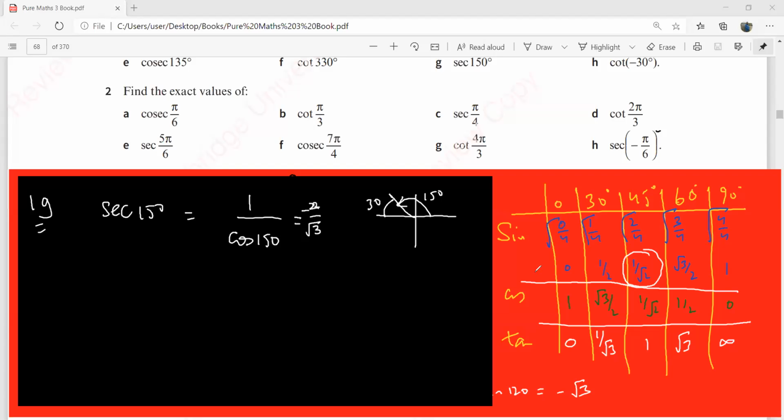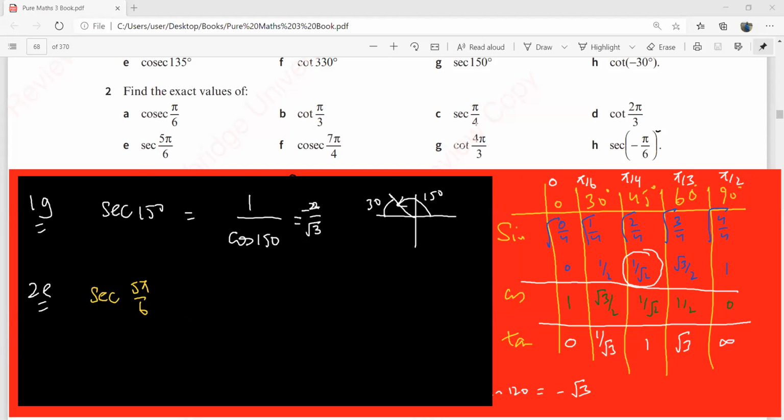So let's try this 2E. It says, now when I do this in radian, you see this is your 0, this is pi by 6, this is pi by 4, this is pi by 3, and this one is pi by 2. This is secant 5 pi by 6.